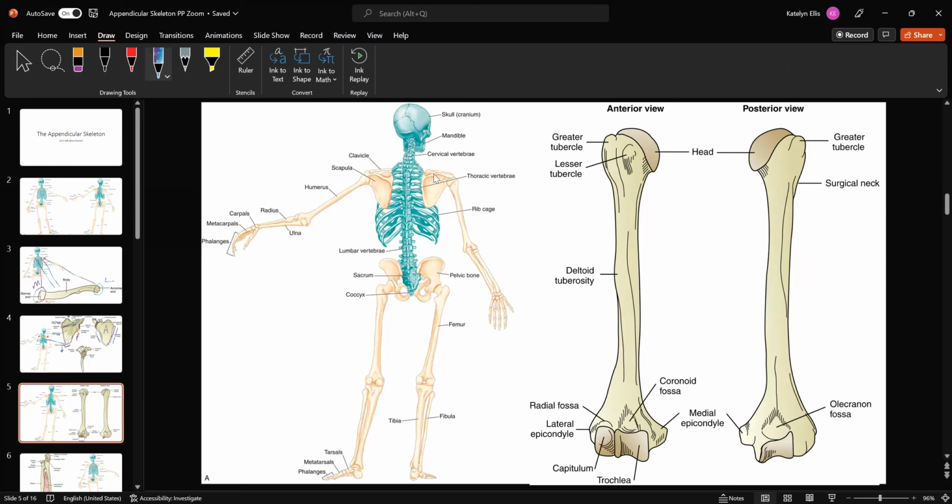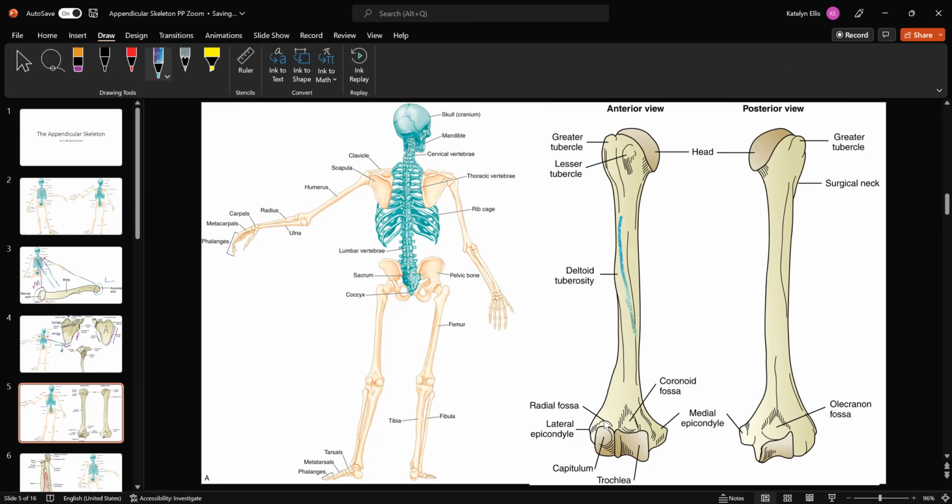All right, moving on. This is our lovely model and their posterior side. All right, and here we have an anterior and posterior view of the humerus. Here you see the greater tubercle and the lesser tubercle. This is called the deltoid tuberosity.